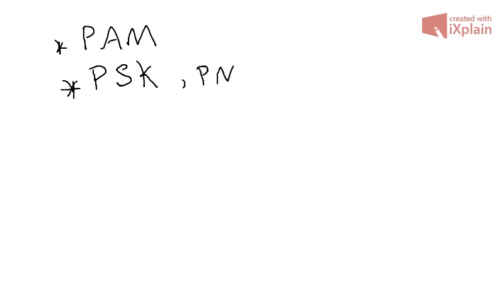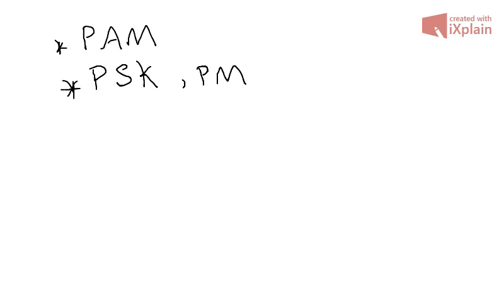The first one is pulse amplitude modulation, PAM, and the other one is phase shift keying, or the phase modulation. You are familiar with these two schemes from your previous lectures.